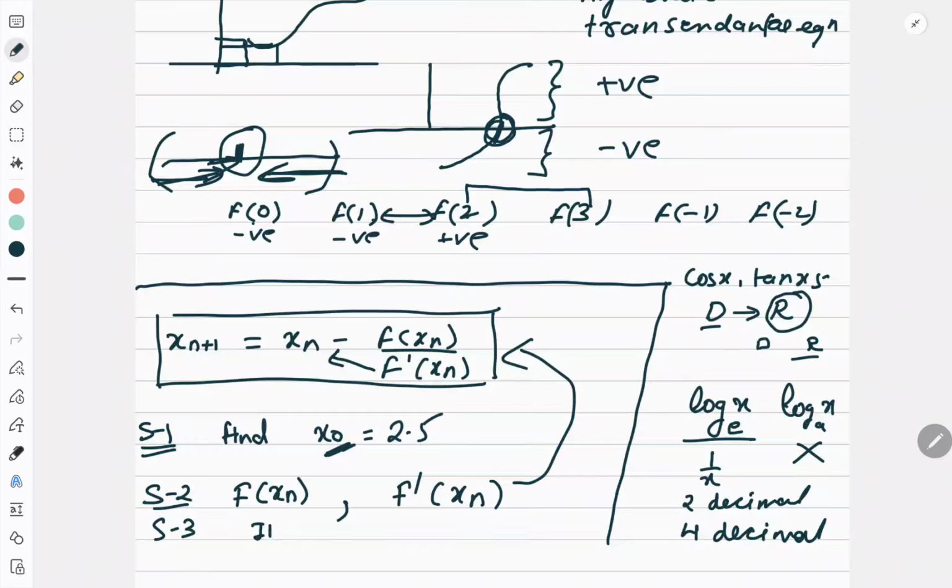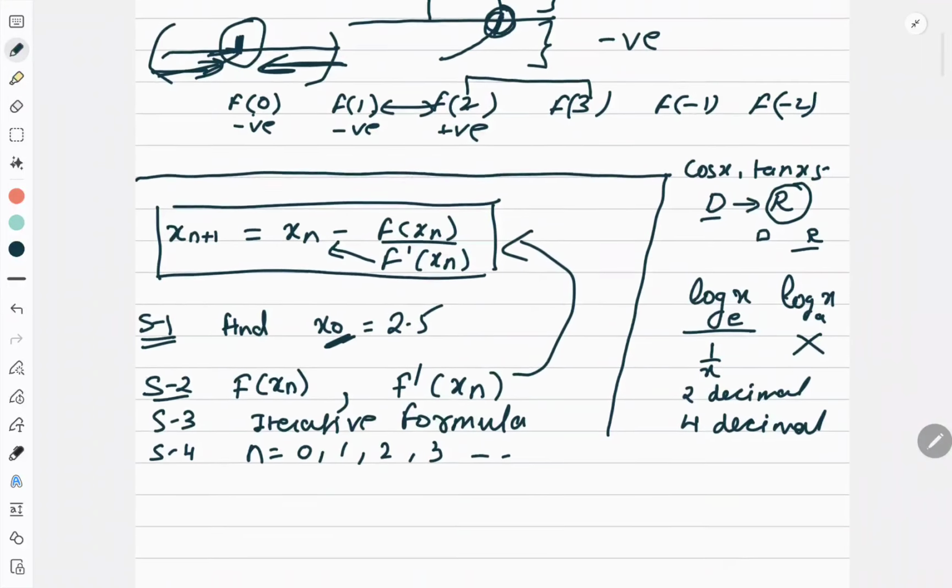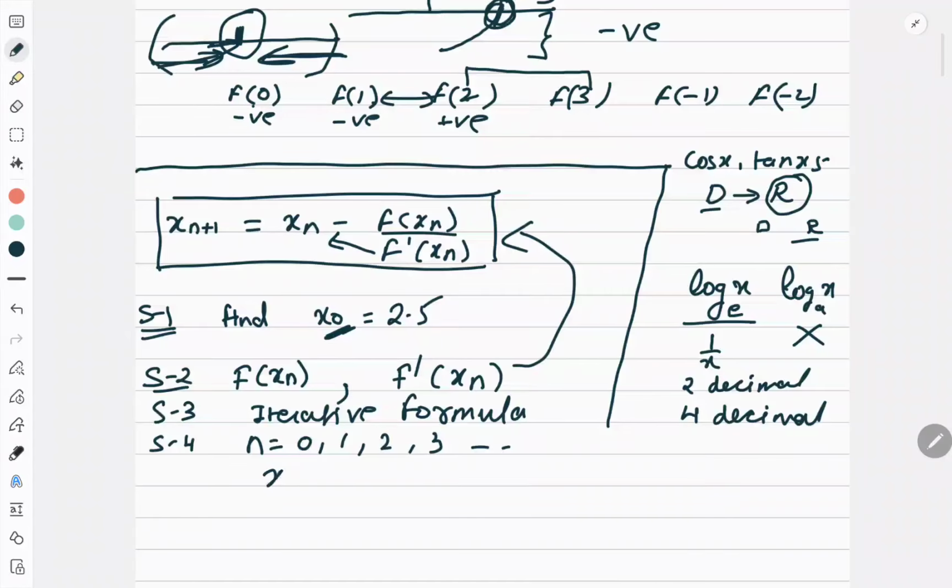So get the iterative formula. Then start putting n equal to 0, 1, 2, 3, till your xn and x(n+1) are the same. The moment you get the same value, you stop, and that gives you your answer.